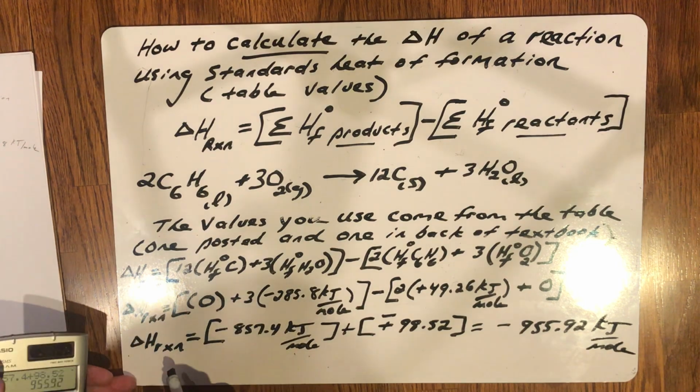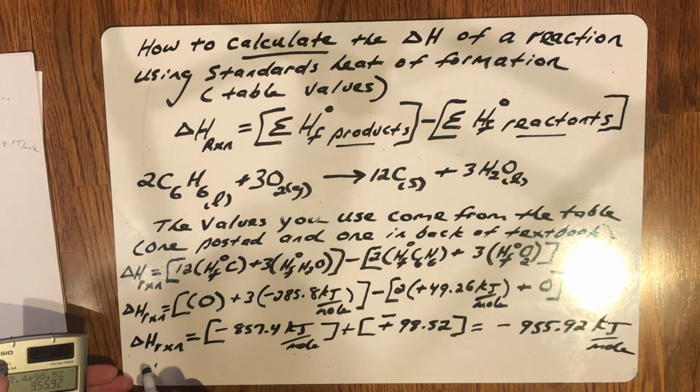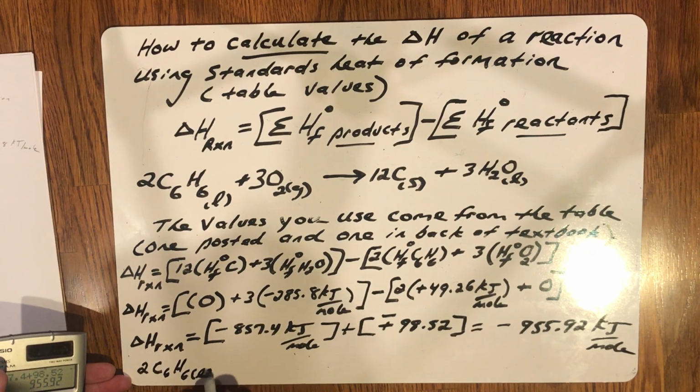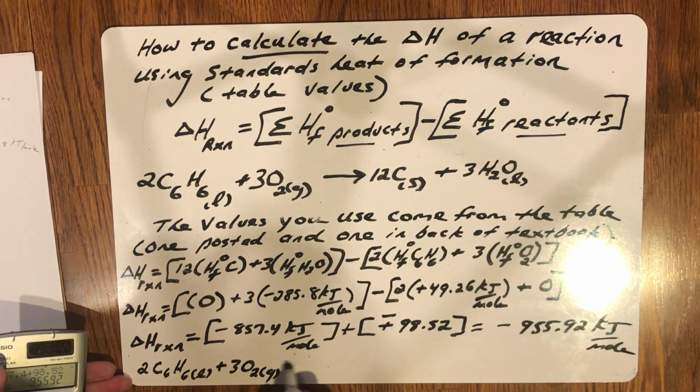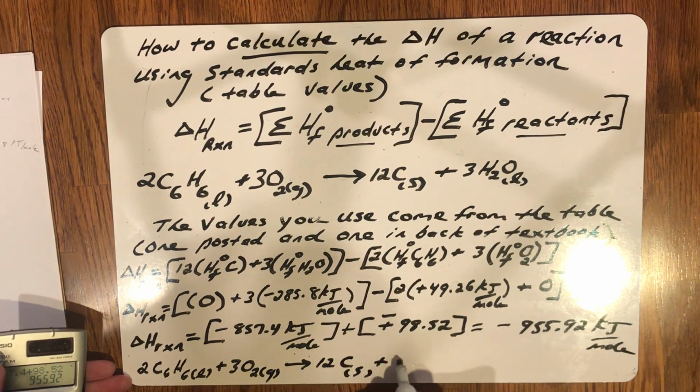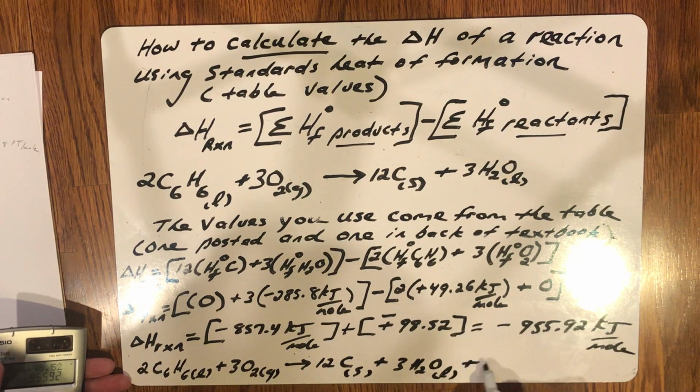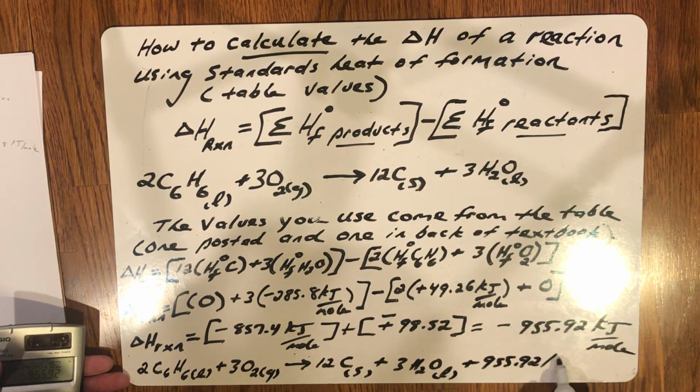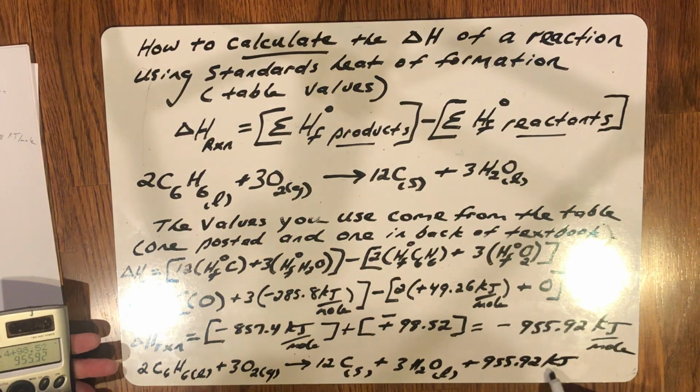And then if you were to rewrite your thermochemical equation and include the energy term, it would look like this. 2C6H6 liquid plus 3O2 gas goes to 12 carbon solid plus 3H2O liquid plus 955.92 kilojoules.